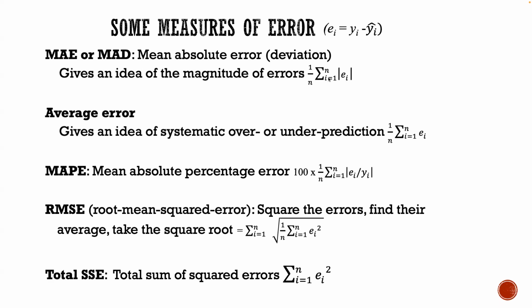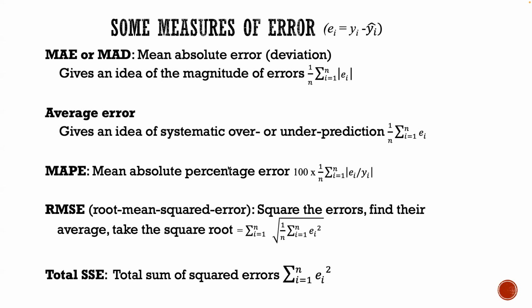That's mean absolute deviation, or these kinds of errors you may have experienced in other contexts, but we use similar error measures also in data mining. The mean absolute deviation or mean absolute error is one, where we take the absolute value. We can also just take the average error, where we are not taking the absolute value. So we let the pluses and minuses remain the way they are, and then we take the average.